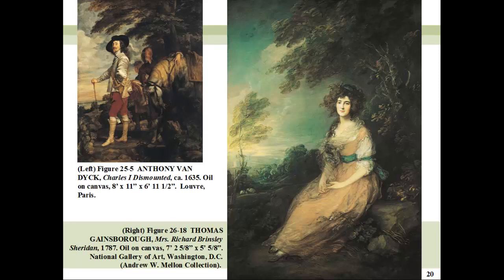Here's a quick comparison just so that you can see what I'm talking about regarding the artificial composition of quote-unquote natural elements around the individual. With Van Dyck, the branches bow, and even the horse bows to the king.